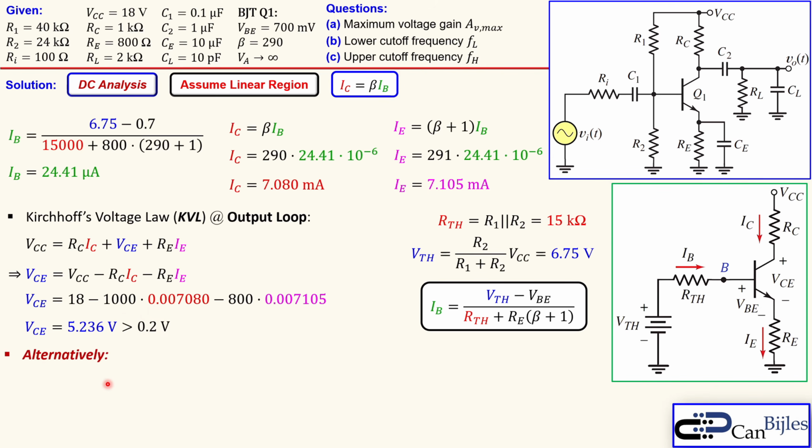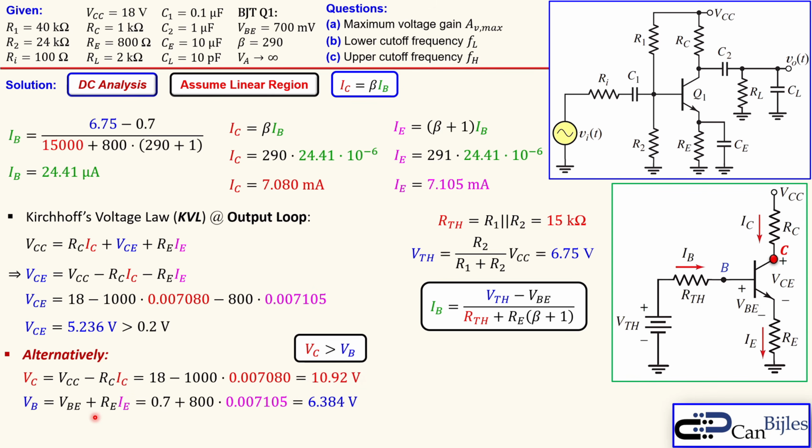You can also do it in another way, which is an alternative way to check that. We can check the collector voltage and the base voltage, and then see if the collector voltage is larger than the base voltage. That is also the condition for the linear region. So VC is VCC minus the voltage across the RC, that's shown here, so that is then 10.92 volts.